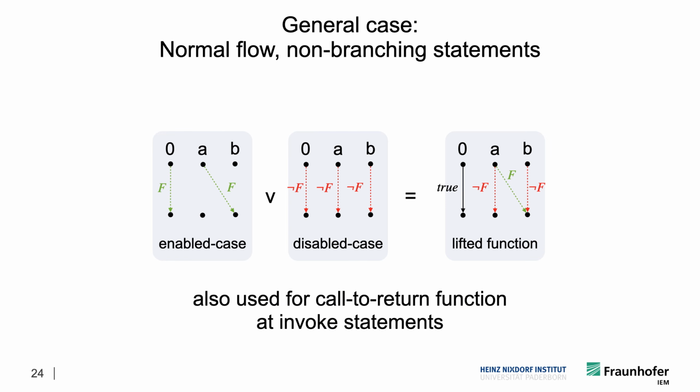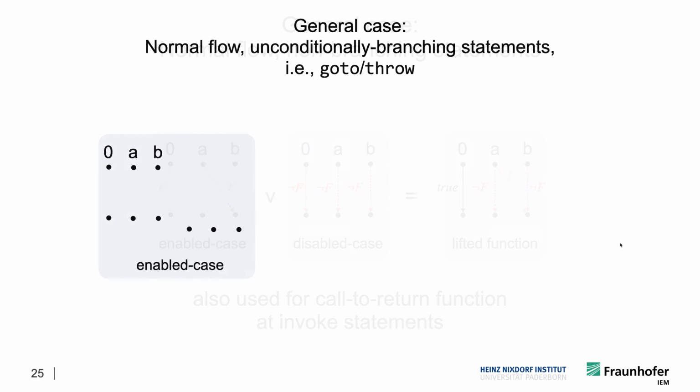You can also use this same principle that I'm showing on this slide for call to return functions at invoke statements, because essentially they have the same kind of data flows. They also propagate intra-procedural data flows, just like normal flow functions.